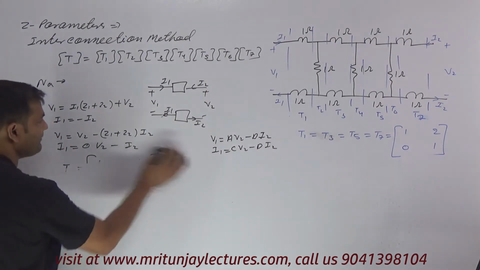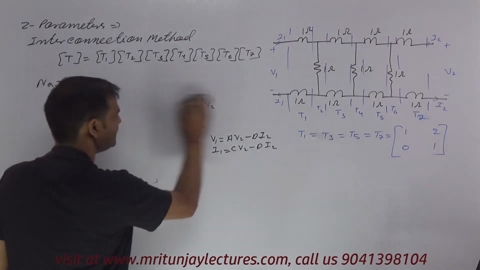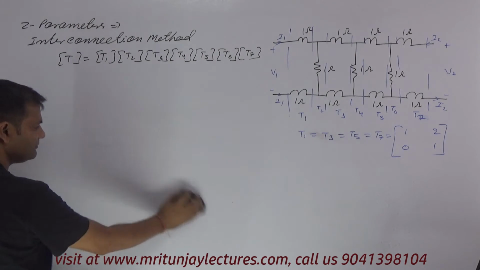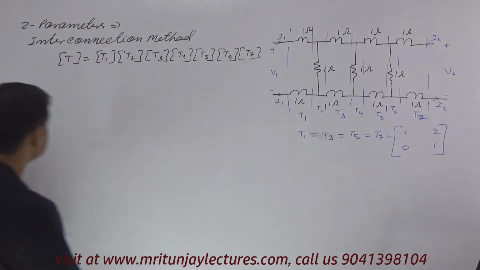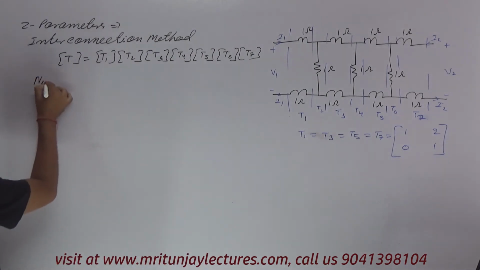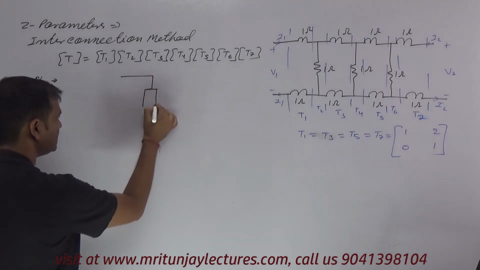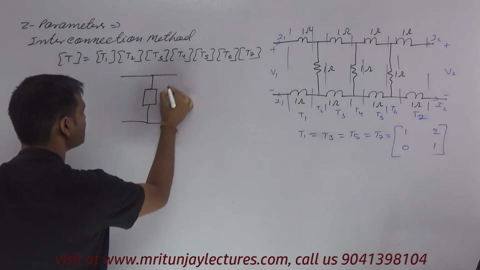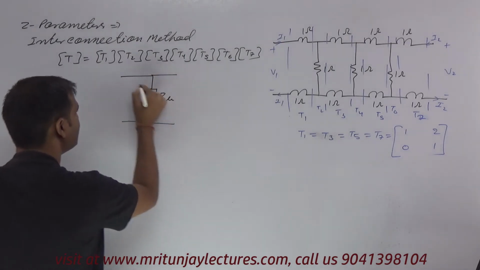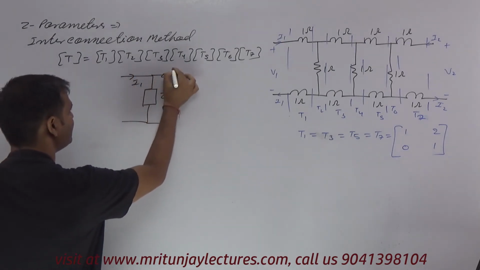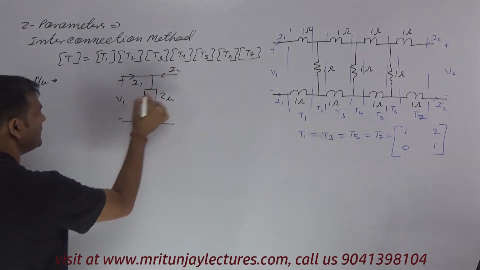Now after that we create another formula corresponding to NB, that is a network ZB. Here I1, here I2, here V1, here V2.